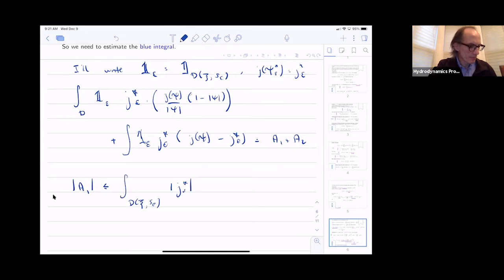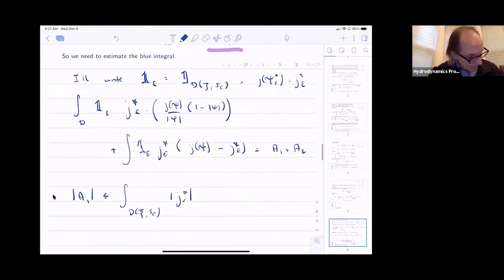And remember this J of psi is really modulus squared times the gradient of the phase, and so J of psi over psi is the modulus times the gradient of the phase, which is bounded by this. In other words, J of psi is the inner product of psi with the gradient of psi.